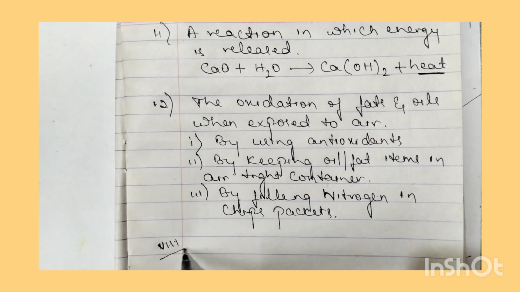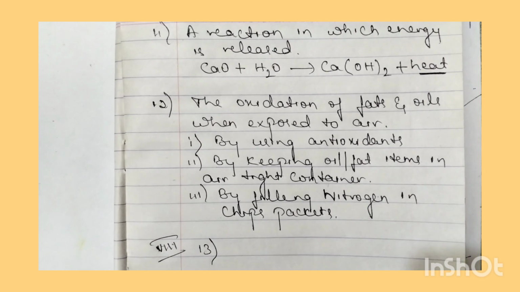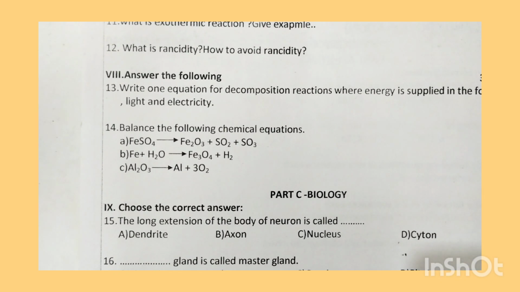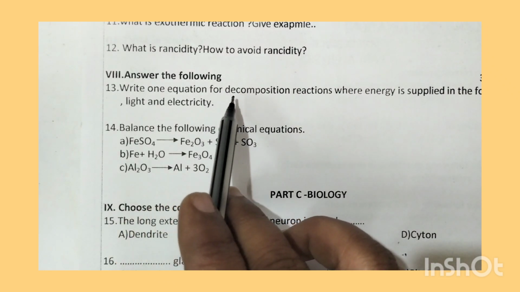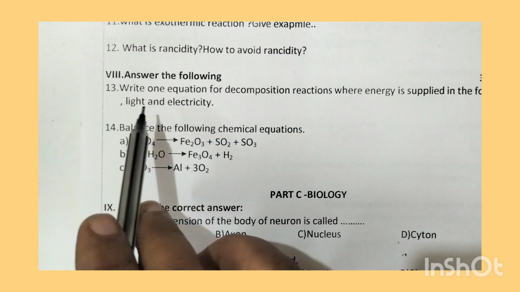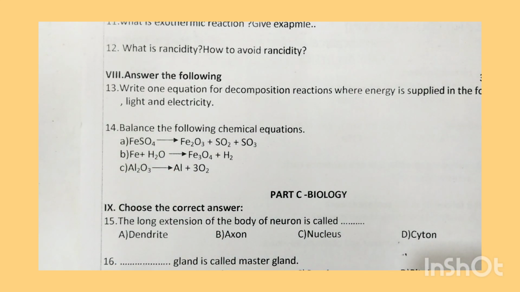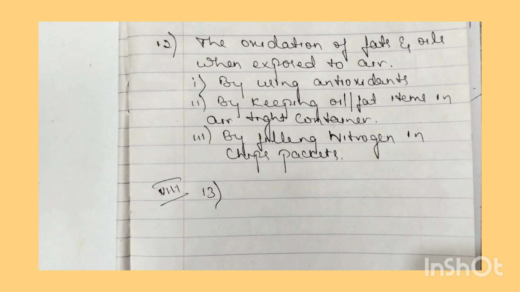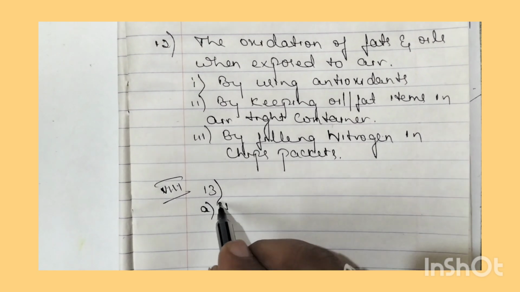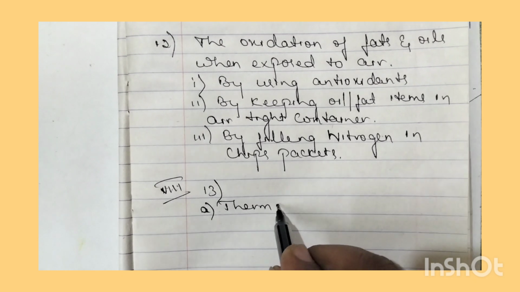Now let us move to the 13th question. Write one equation each for decomposition reactions where energy is supplied in the form of heat, light and electricity. Let us answer the 13th one. The first one is thermal decomposition reaction.